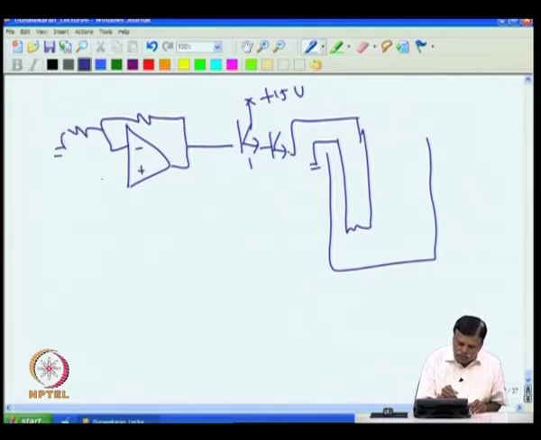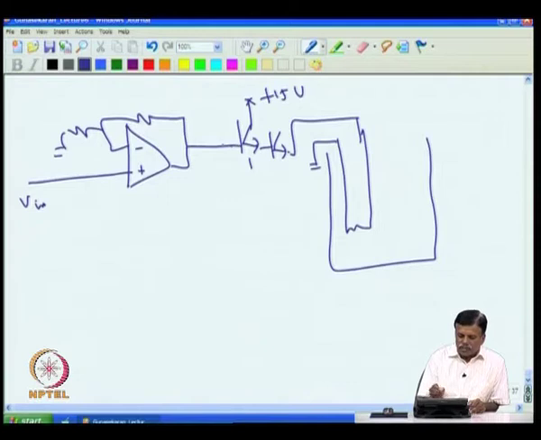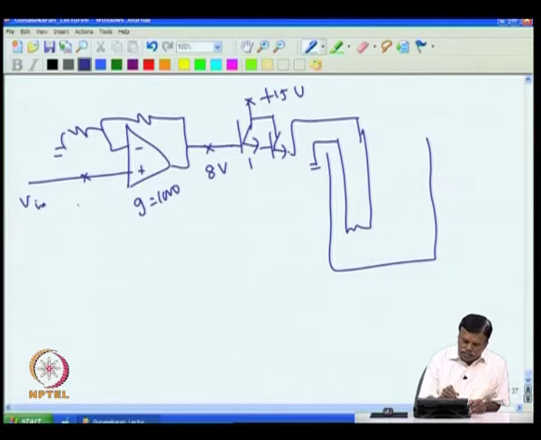We assume that you have a gain of 1000. This is the V input that comes from the error voltage. So if I want 8 volt here, then if the gain is 1000, I need 8 millivolt here.